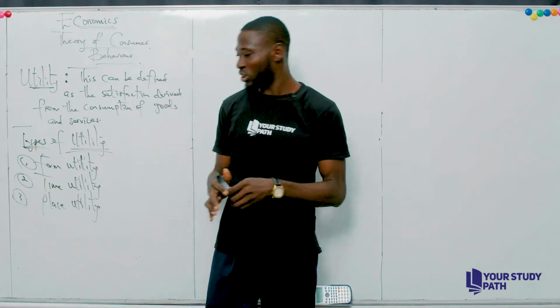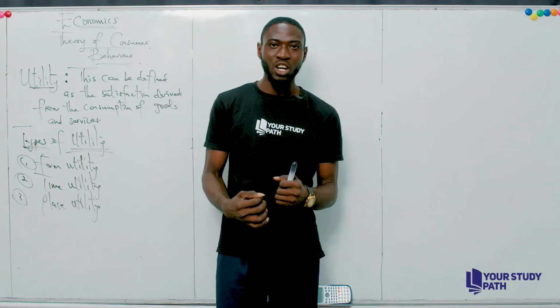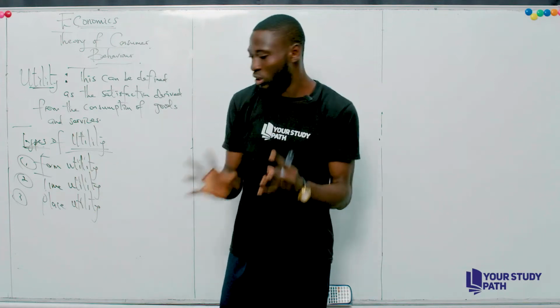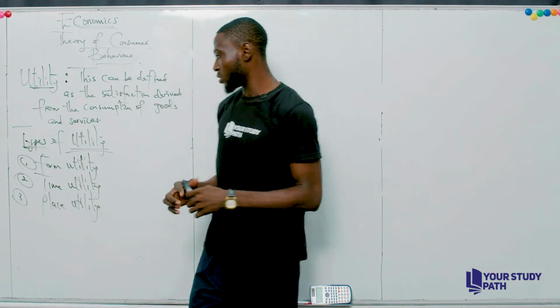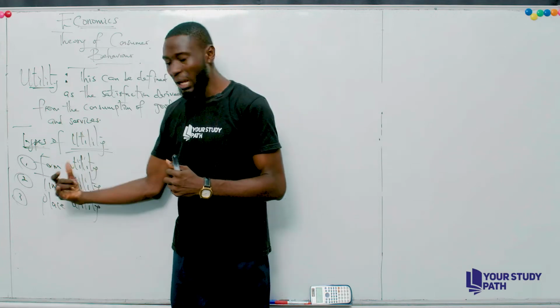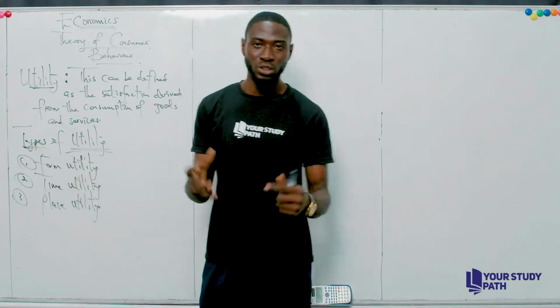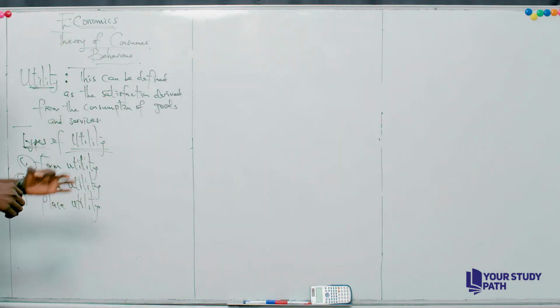So if you are nearer to the goods that you need, or the goods are closer to you, it means that commodity has a place utility. So a good can have a place utility, it can have a time utility, but it may not necessarily have a form utility.